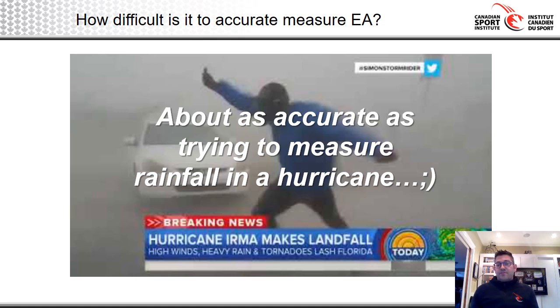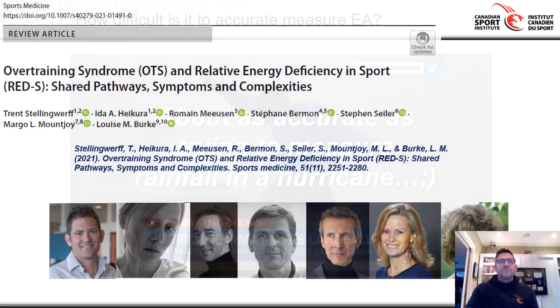Even trying to use a food app is incredibly inaccurate. And obviously, if you're out only 300 or 400 calories, if you multiply that by many days, it is a large amount of energy that an athlete might be out over months to years. So generally, energy availability is the cause of REDS, but we certainly do not endorse going out and trying to measure it unless you're working with a trained professional.